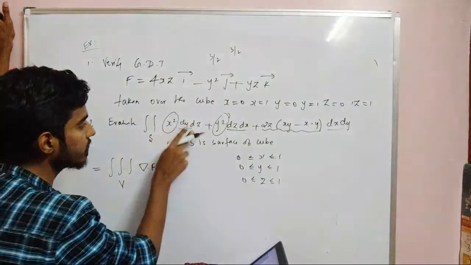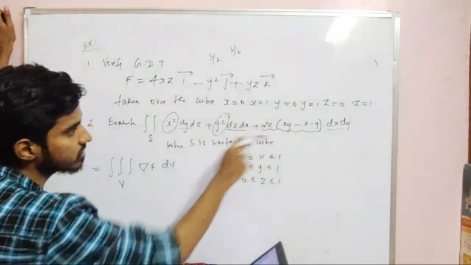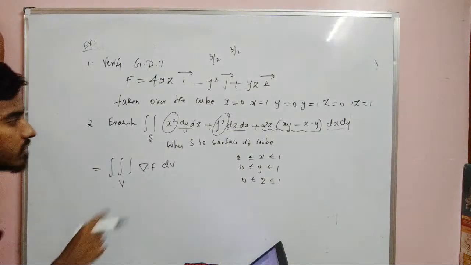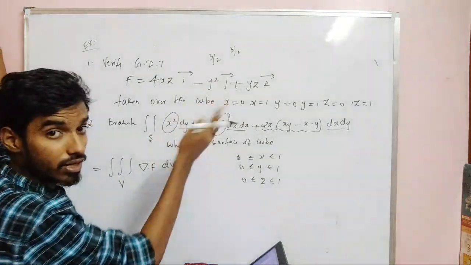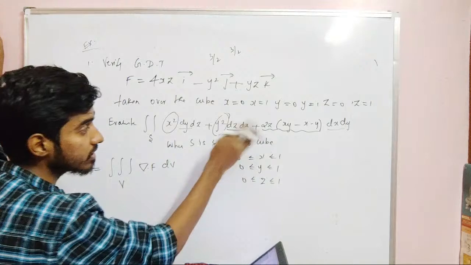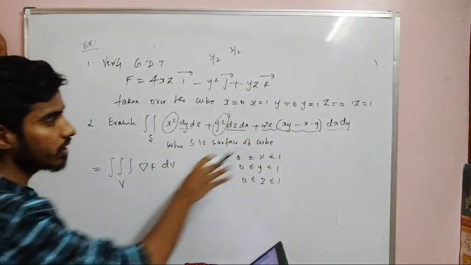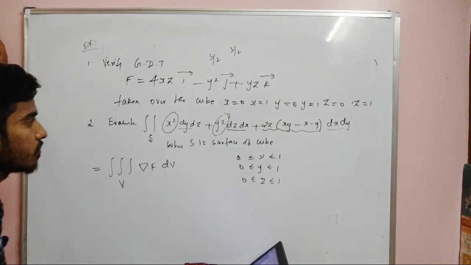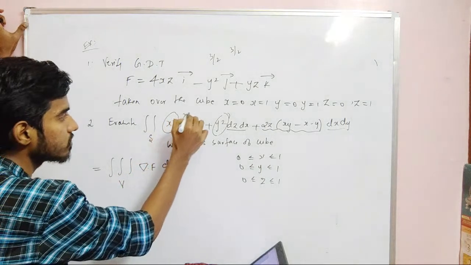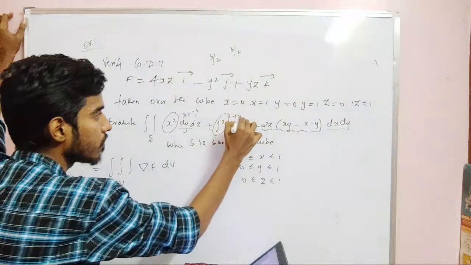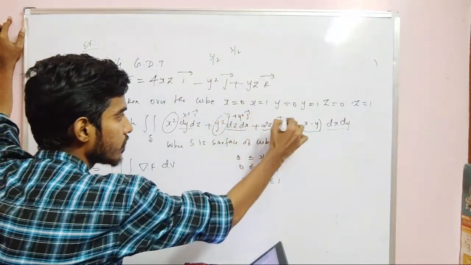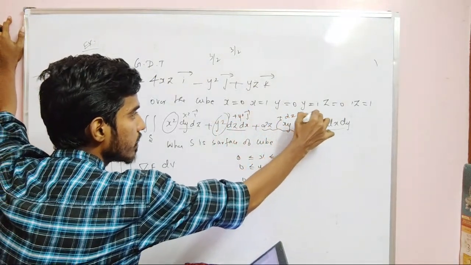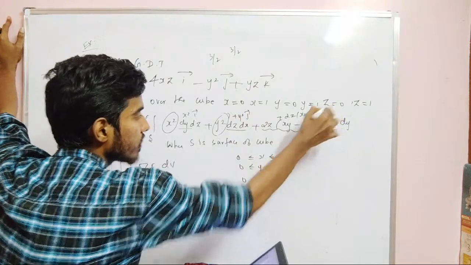This is the i vector coefficient, this is the j vector coefficient and this is the k vector coefficient, right? dy dz is the same as the i vector component, dz dx is the same as the j vector component and dx dy is the same as the k vector component. So this is the same as x square i vector plus y square j vector plus 2z into xy minus x minus y k vector, right.